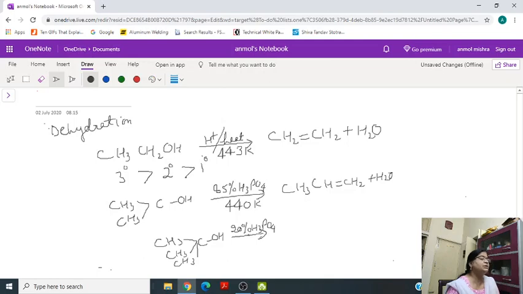So by using these reagents, we can conclude that tertiary alcohol undergoes dehydration easily, then secondary, then primary. Now we will study the mechanism of this reaction.